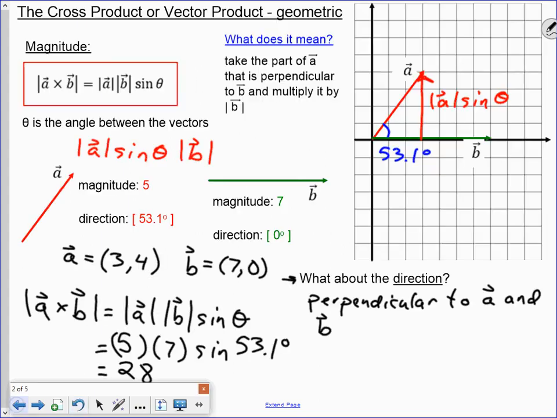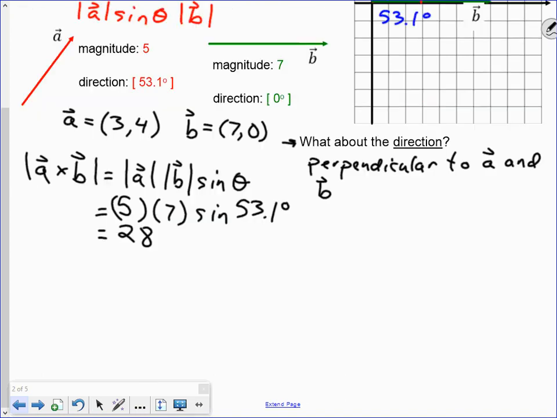So returning to these two vectors that we started with, if I have A cross B, I'm going to point my fingers in the direction of vector A, curl them down towards vector B. My thumb is pointing into the board. So it's perpendicular to A and B, with the direction given by the right-hand rule.